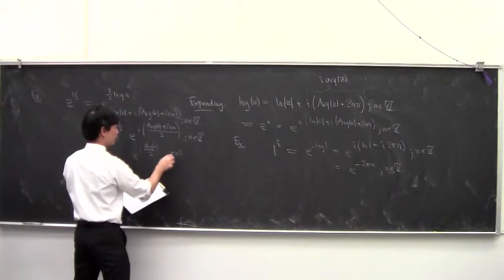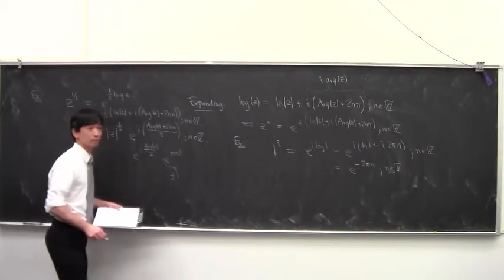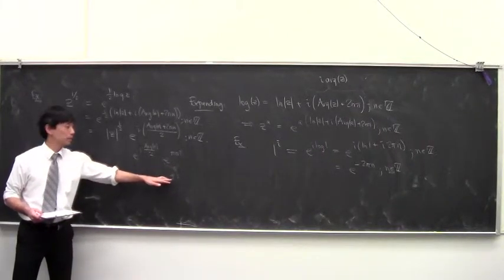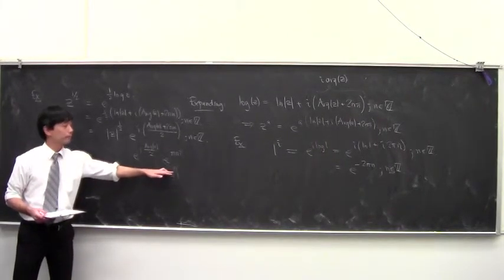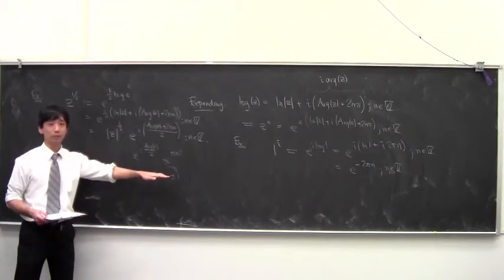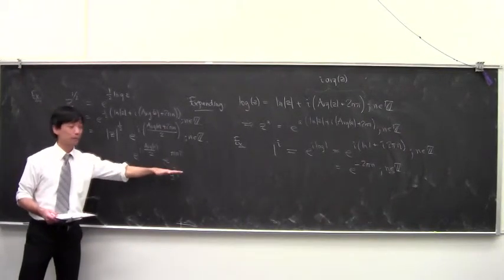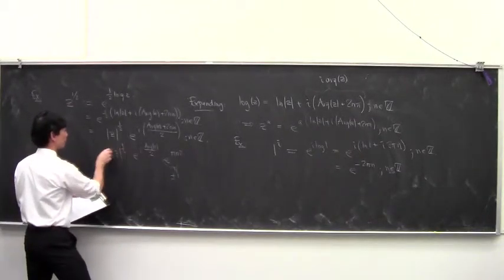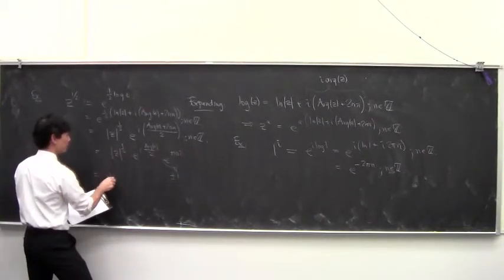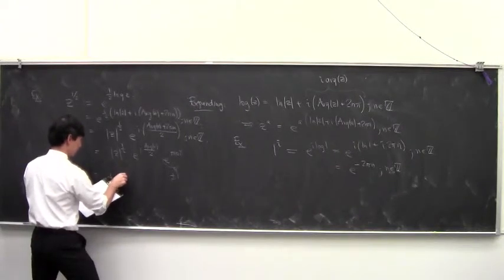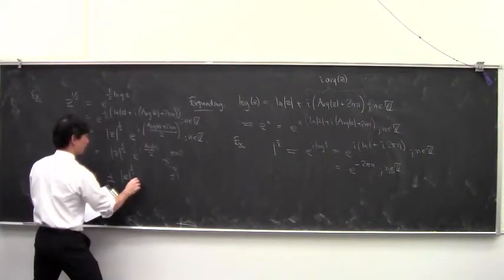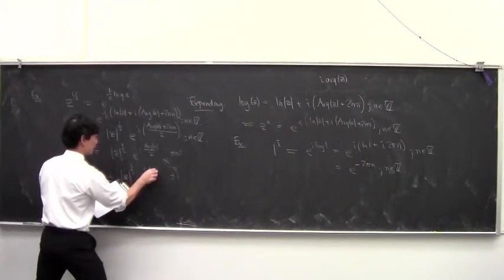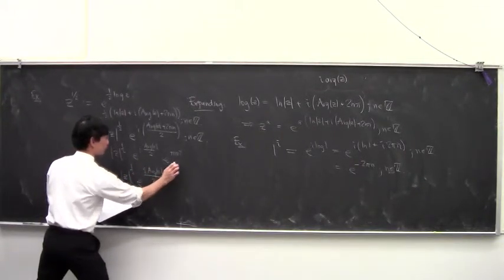But e to the pi n i is plus or minus 1. Just take multiples of pi. So it's going to be plus or minus 1. And so what is this? This is going to be plus or minus |z| to the 1/2 times e to the i arg z over 2.